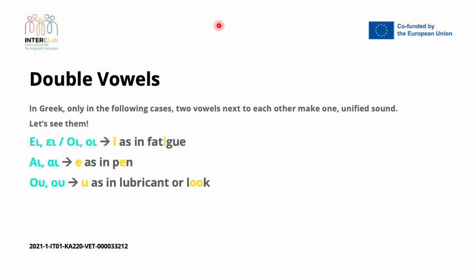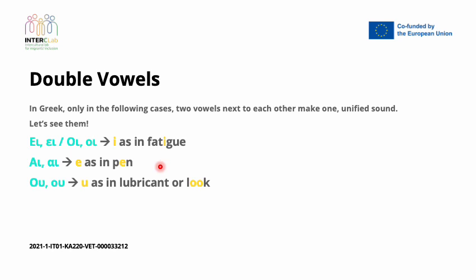So except the three kind of E sounds that we saw before, we have these additional two that make the sound E. The next double vowel that we see is A and E placed together. Okay, they're uppercase and their lowercase version. When A and E are placed together, they make the sound E as in pen. So we have another way of writing down the E sound.